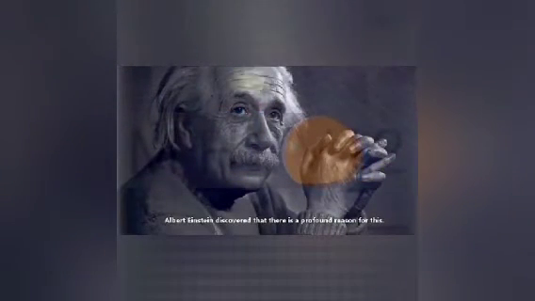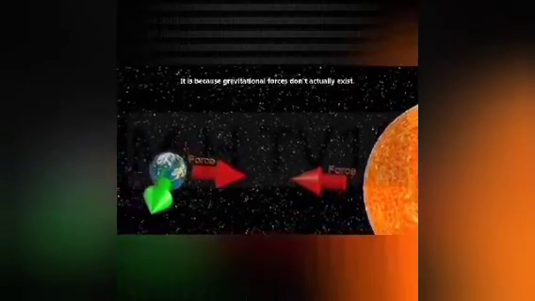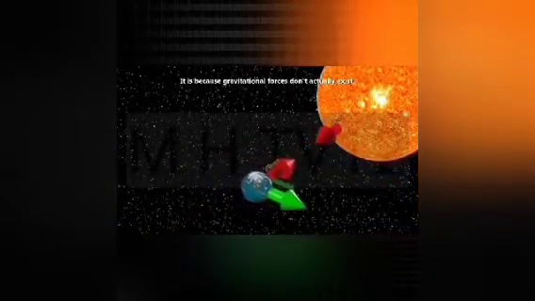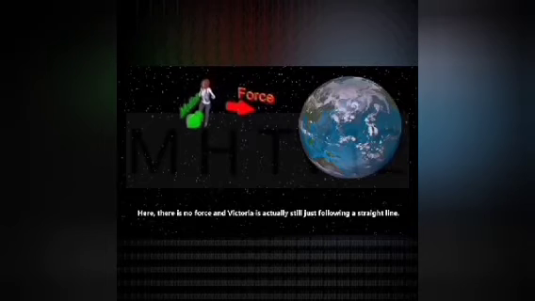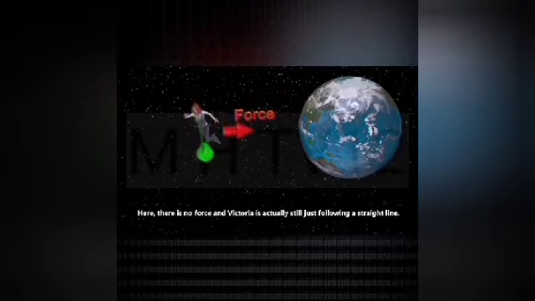Albert Einstein discovered that there is a profound reason for this. It is because gravitational forces don't actually exist. Here, there is no force, and Victoria is actually still just following a straight line.